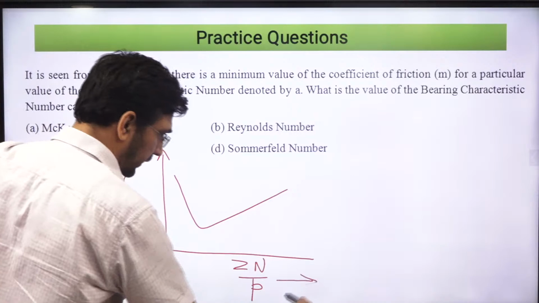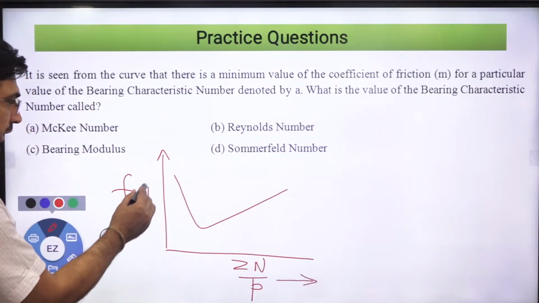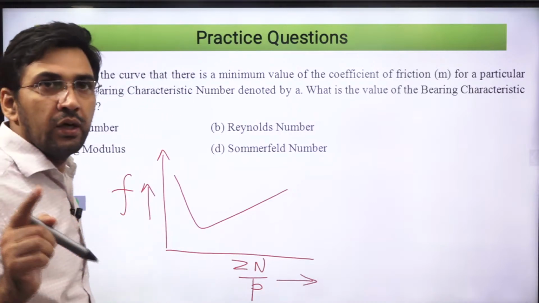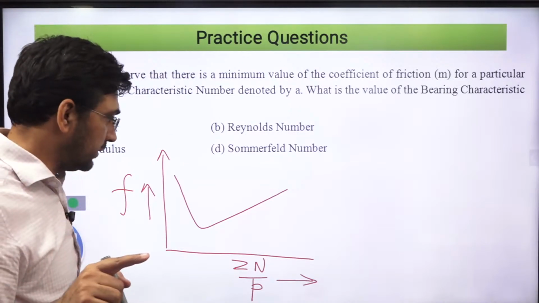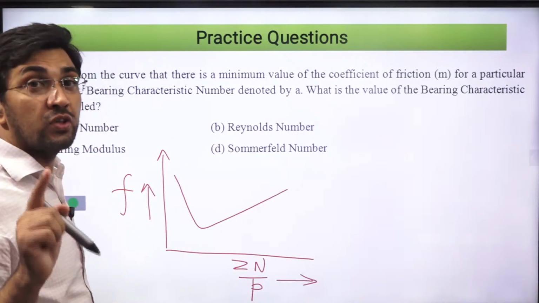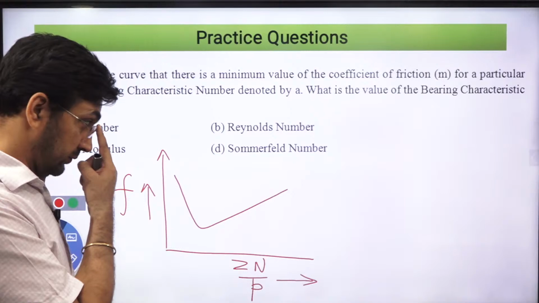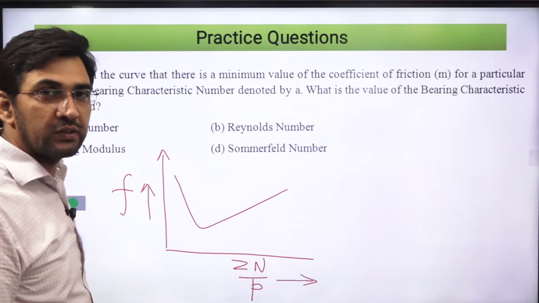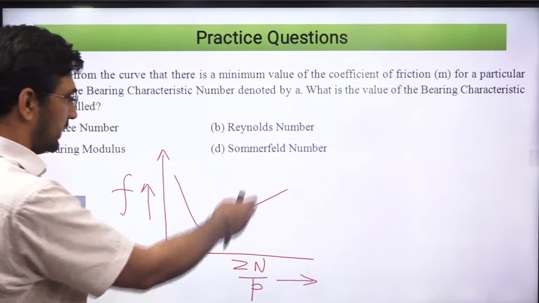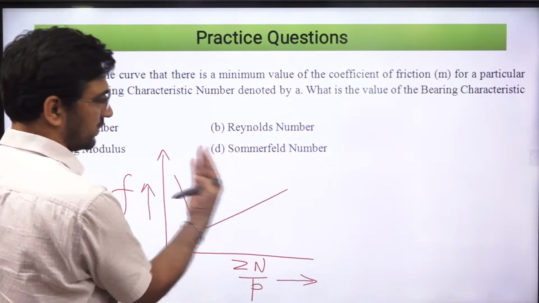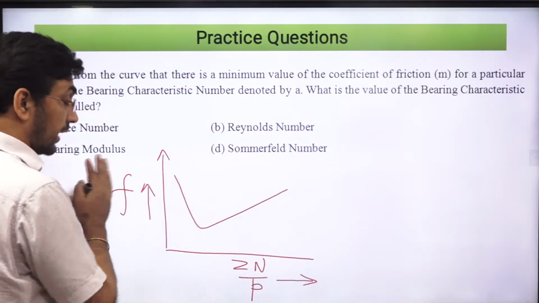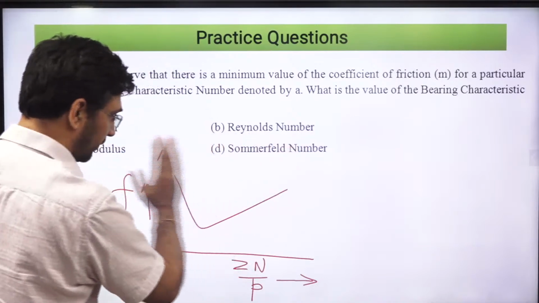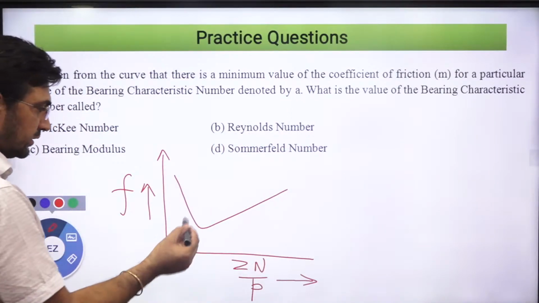Bearing characteristic, we call it as a bearing characteristic. So variation of the coefficient of friction with the bearing characteristic in a hydrodynamic journal bearing was obtained by Mackey brothers in an experiment. And this curve, as you know, this is the hydrodynamic region, thick film lubrication, thin film lubrication, and boundary lubrication region that you know.